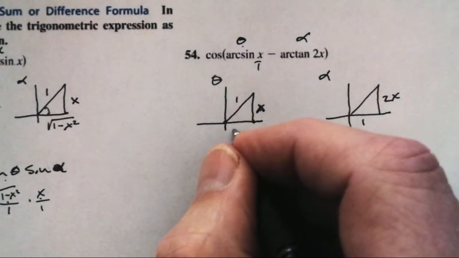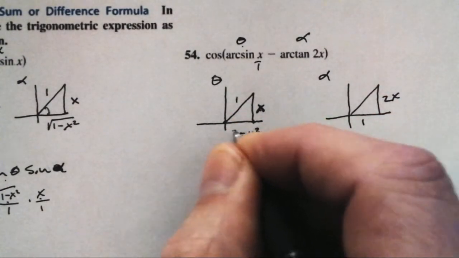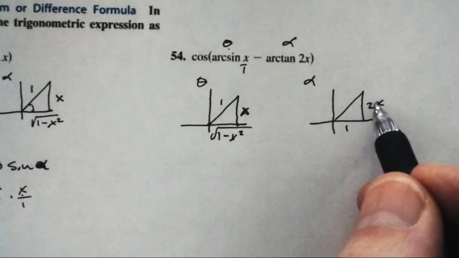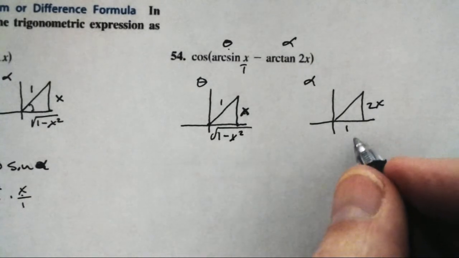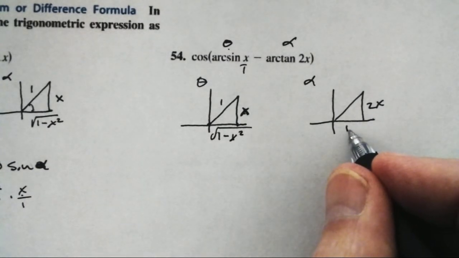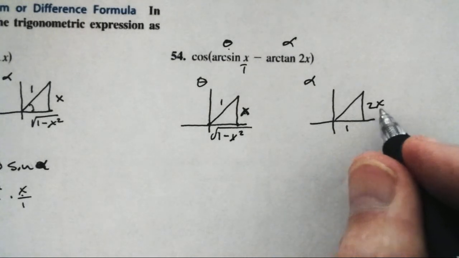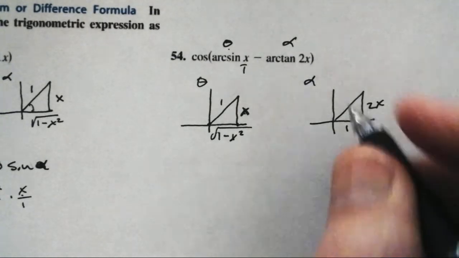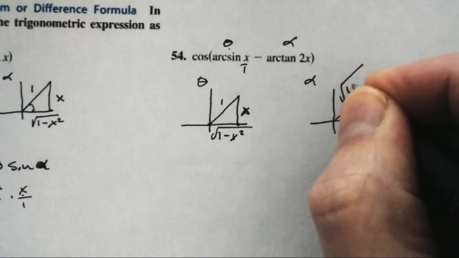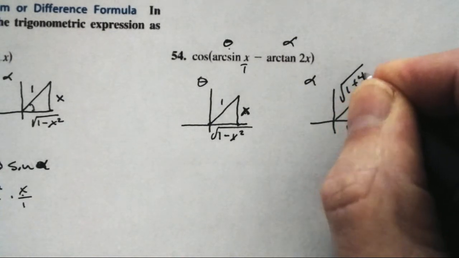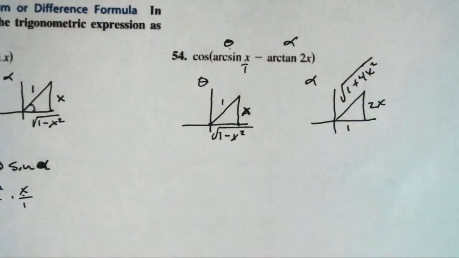Pythagorean, just like what we saw before, 1 minus x squared's root. How about this one? Here it's going to be 1 squared plus 2x, careful, 2x, all of it squared, square root of that. So it's big square root of 1 plus 4x squared.